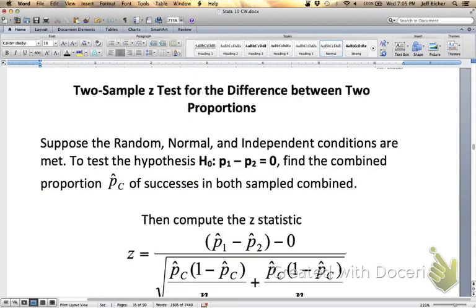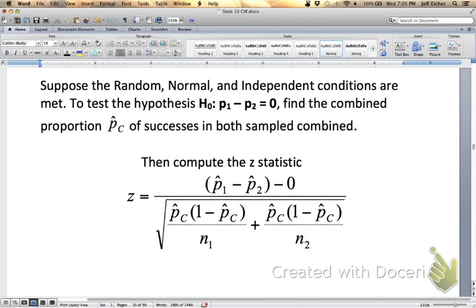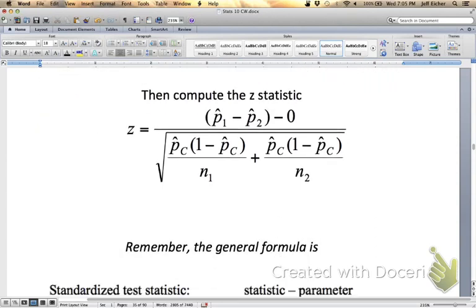Okay, I'm going to go through this quickly. You could always pause this video if you would like to copy something. All this is in the textbook, chapter 10, section 1. But a two-sample z-test for the difference between two proportions. Supposing the random, normal, and independent conditions are met, to test that null hypothesis, first find the combined proportion p hat c of successes, then compute the z statistic.